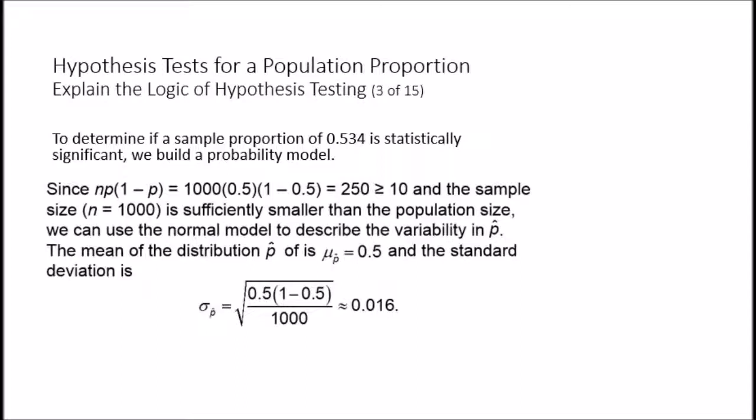Remember, from the distribution of the sample proportion, we know that the mean of the sample proportion is equal to the proportion of the population, which in our case is 50%. The standard deviation of the sample proportion is equal to the square root of p times 1 minus p divided by the sample size, which in our case gives us 0.016.